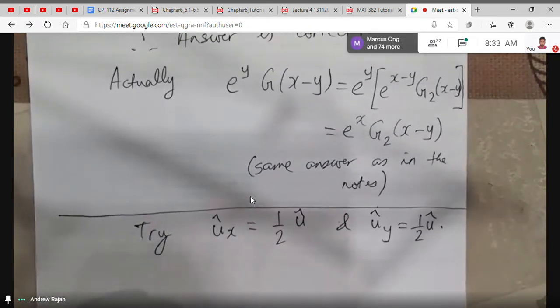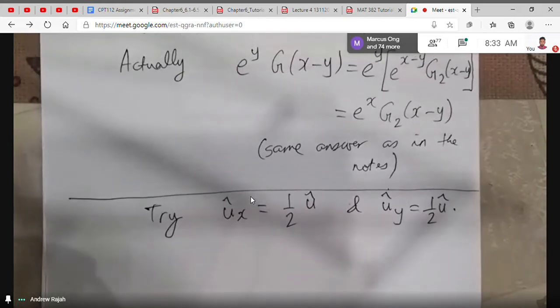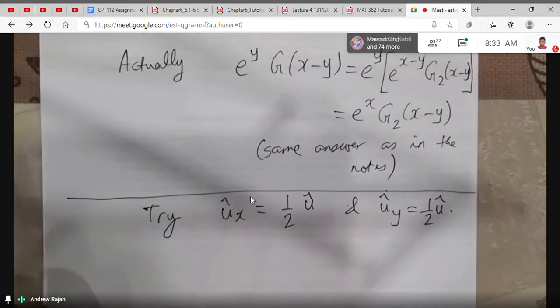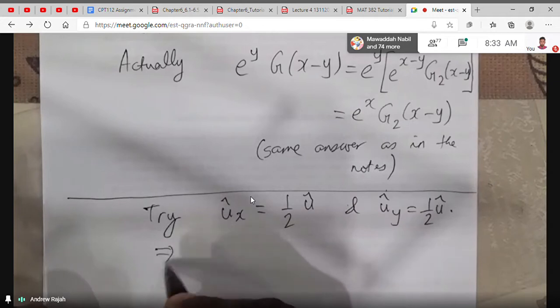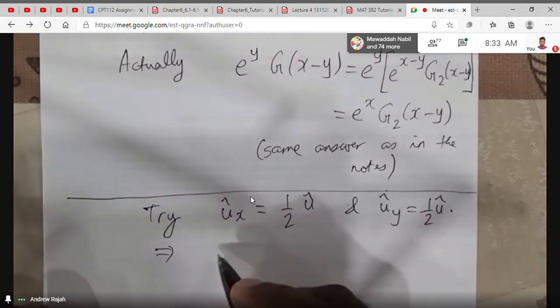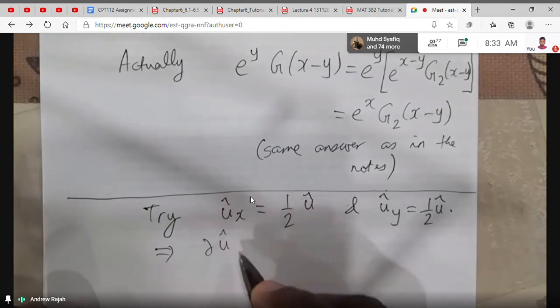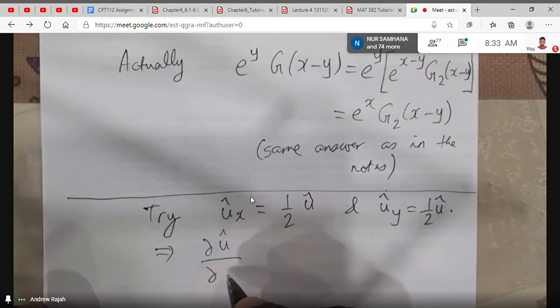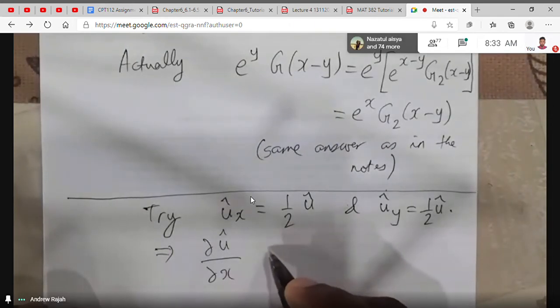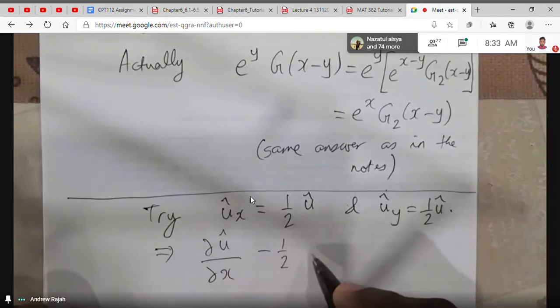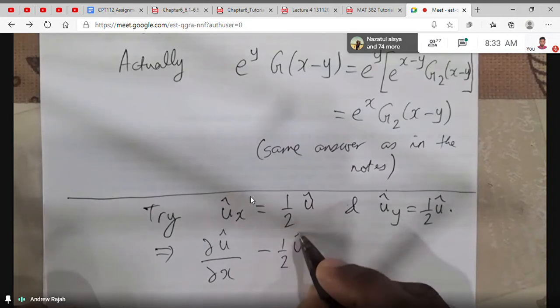You can try also. This implies x minus y.